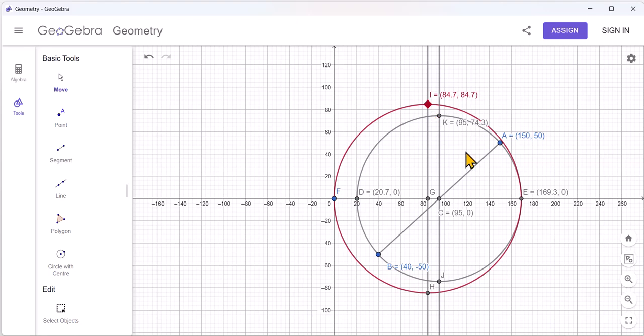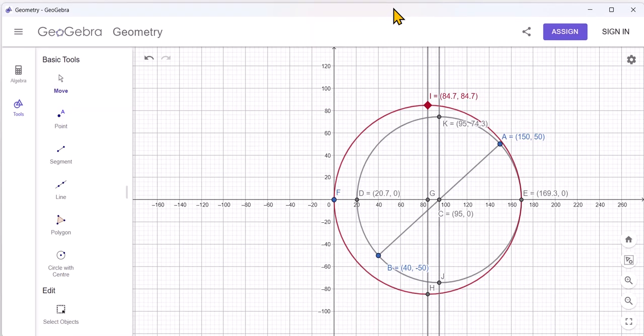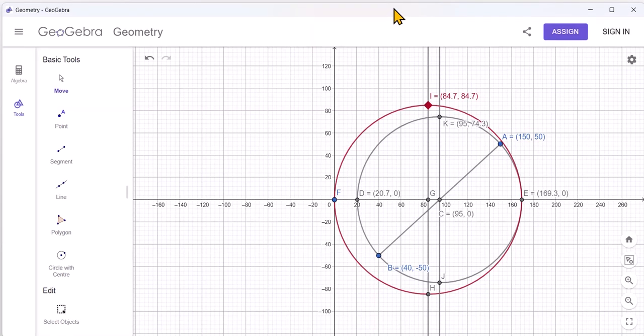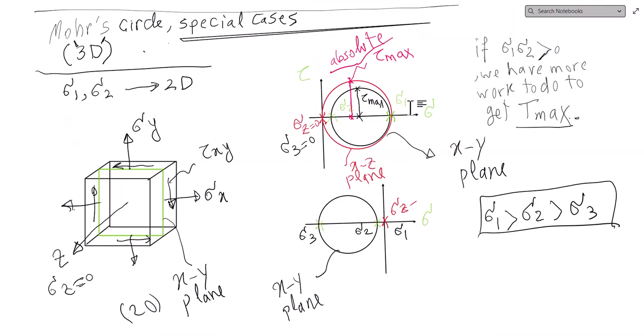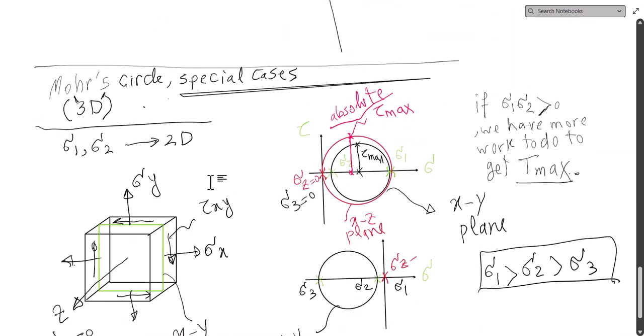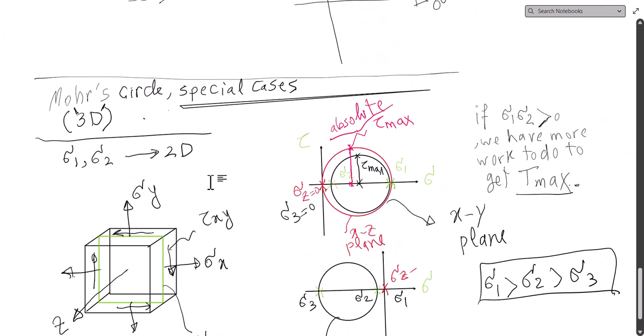It is 45 degrees from the sigma 2 plane, the plane that contains sigma 2. Okay, so that is the special case for Mohr circle.